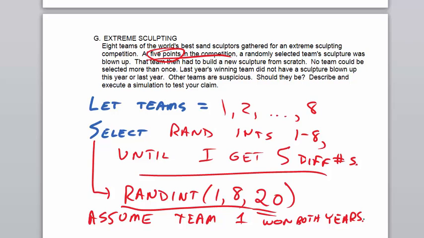It doesn't matter whether it was team 1, team 2, team 3; which team number you had is utterly random. So I'm just going to say team 1 is the one who won, and let's see what percentage of the time team 1 can survive through 5 different numbers per year for 2 years. So, let's see what can happen.